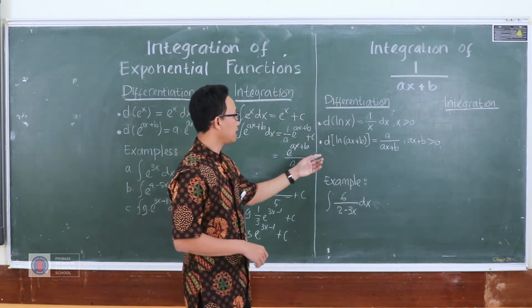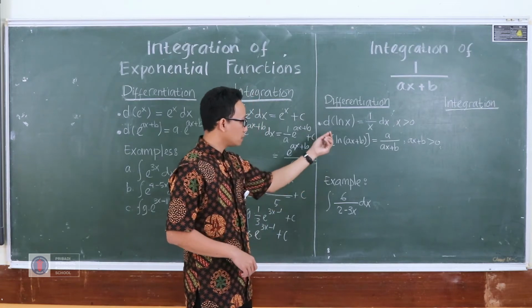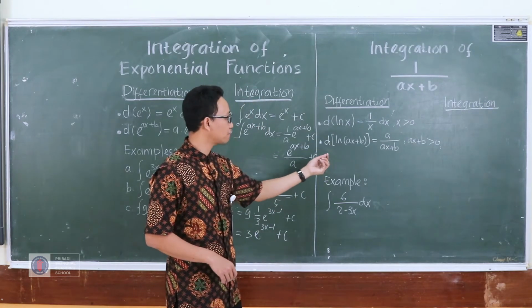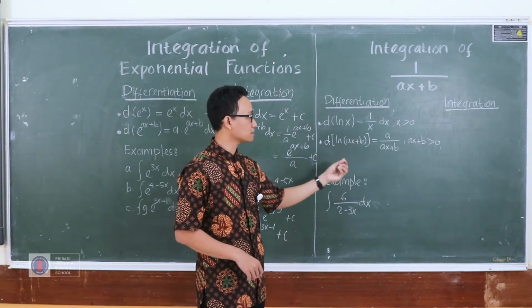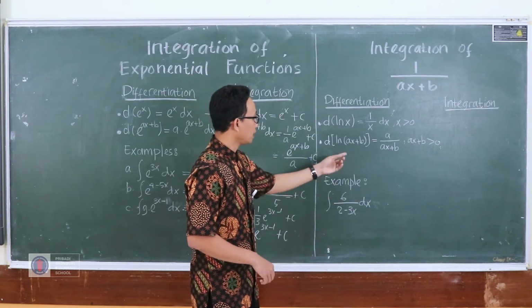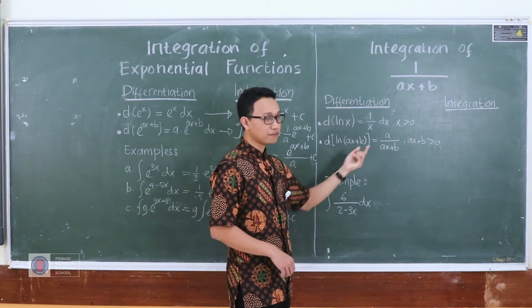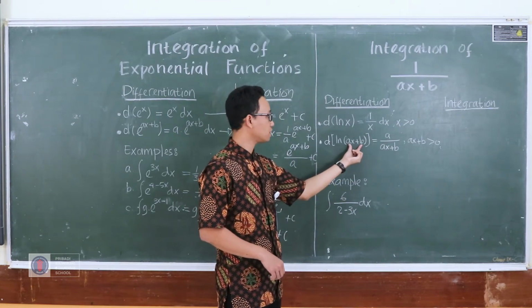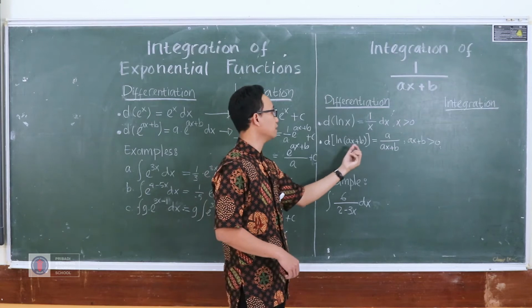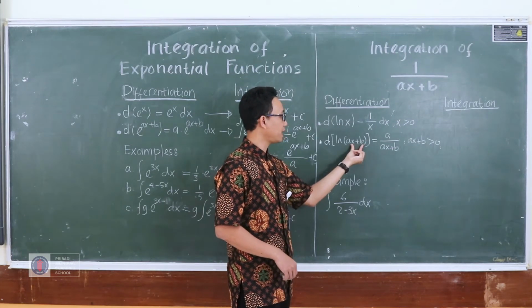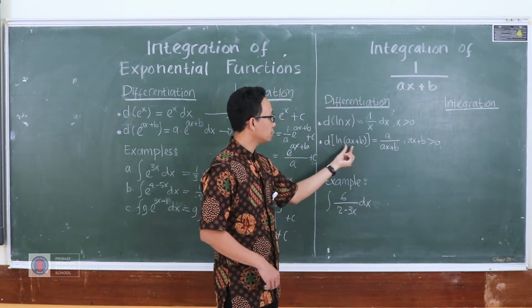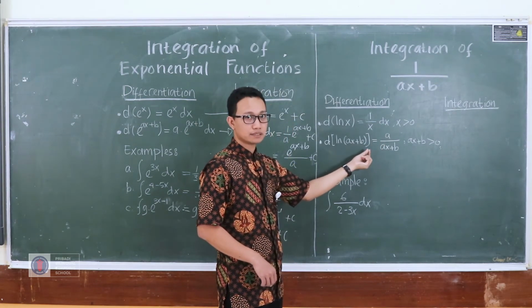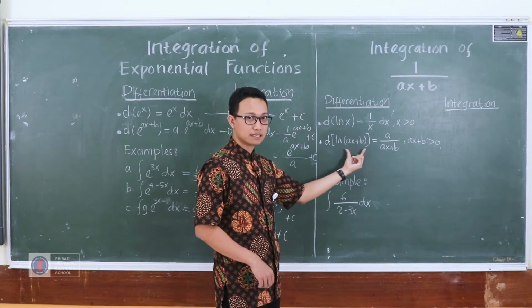And then the second, we have the derivative of ln of ax plus b. Using the chain rule again, the derivative of ax plus b is a. So we just put a here and then over ax plus b, over its function.